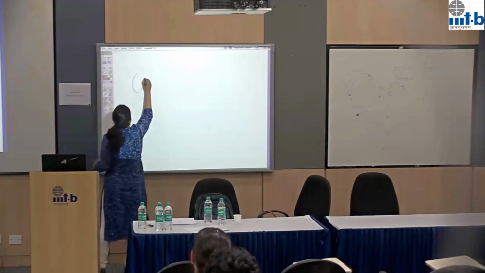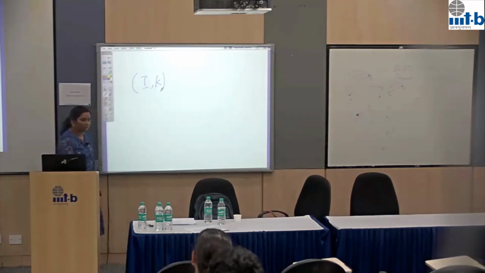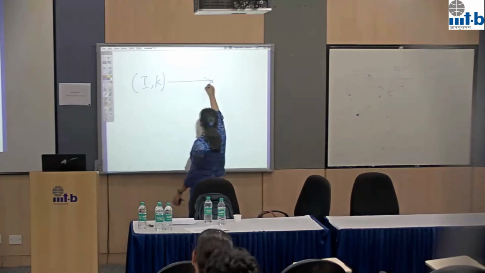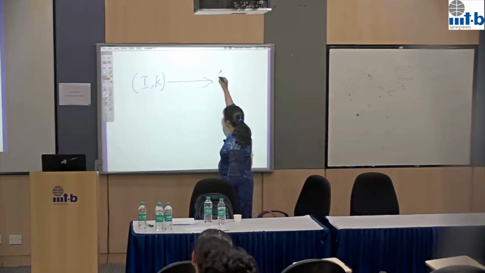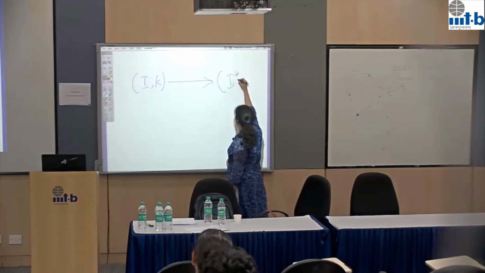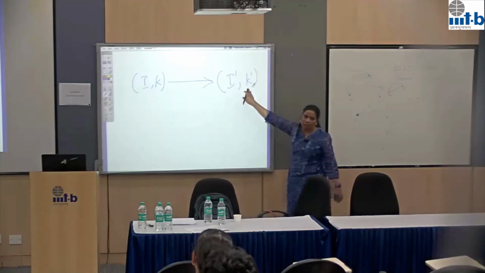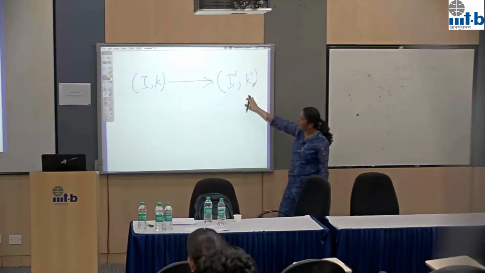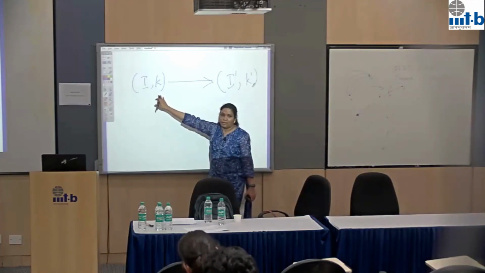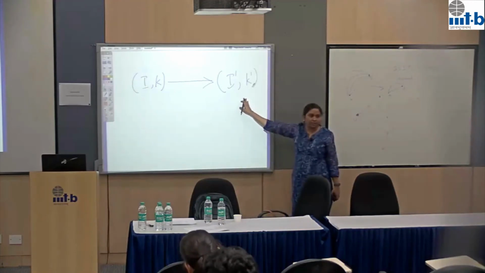So you start with an instance I and a parameter k, and you reduce this in polynomial time to get a new instance I prime, k prime, where the parameter may also change to k prime. They are equivalent if I, k is a yes instance if and only if I prime, k prime is a yes instance.